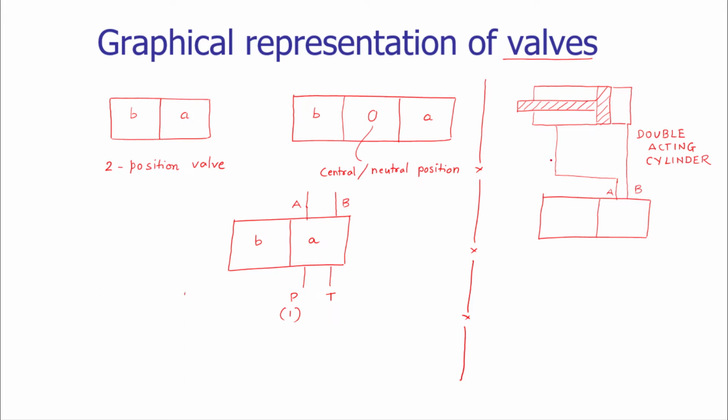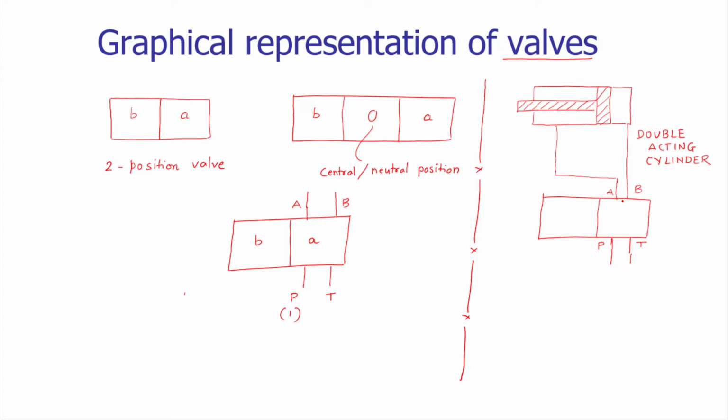So port A is for application of the pressurized fluid at the rod side, and port B is to take the fluid back to the tank. To provide the pressurized fluid, we need a pressure port, that is P, and to take the fluid from the piston cylinder arrangement back to the tank, we need a port T. Now for this position, we have to designate the direction of fluid flow as well.